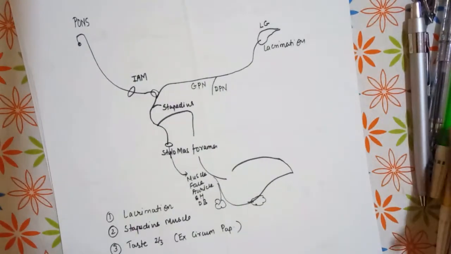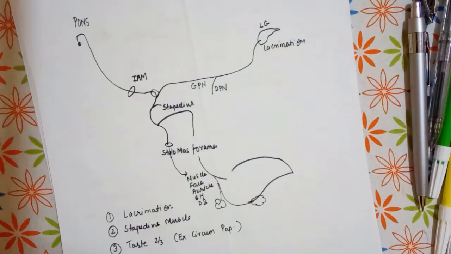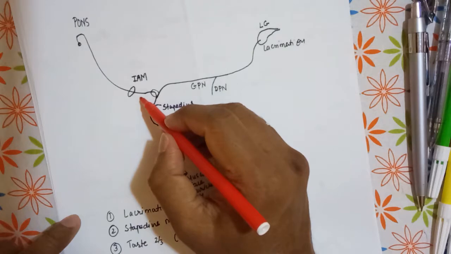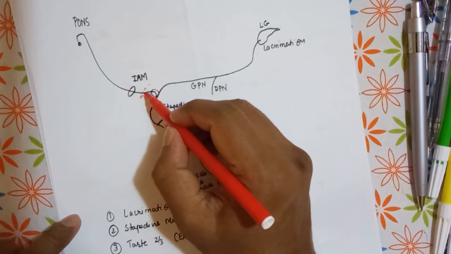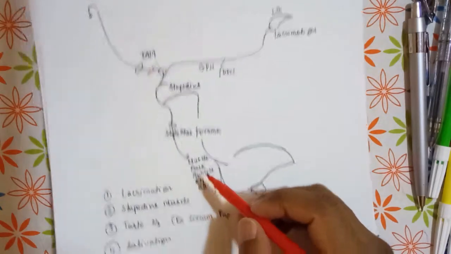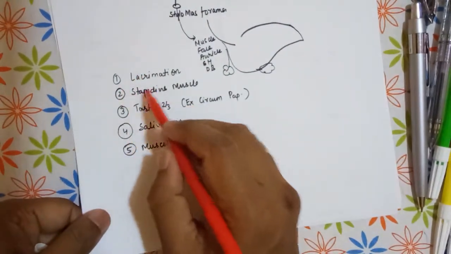Now if I have a lesion of the facial nerve somewhere here in the internal acoustic meatus, before it could give all the branches, I have paralysis of all this.